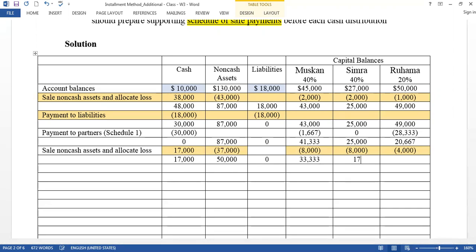It is $17,000. And Ruma's balance is, no, it is 16,667. So these are the balances.